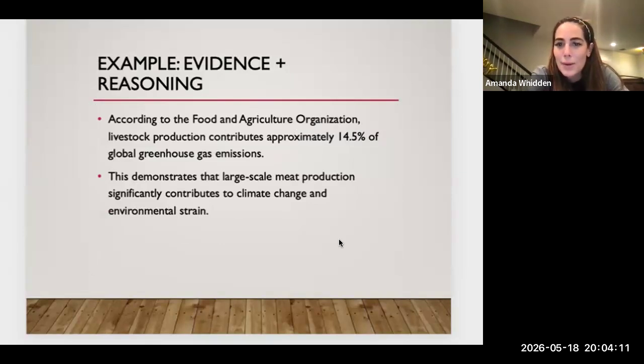So why does that matter? Why does that matter to us? This large scale meat production is contributing to almost 15% of the greenhouse gases in the environment. And that is contributing greatly to climate change, and it's putting a huge strain on our environment.